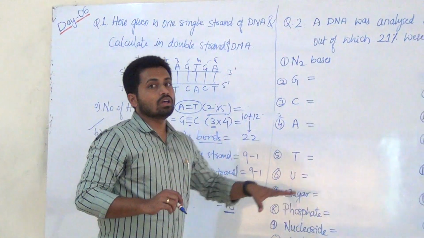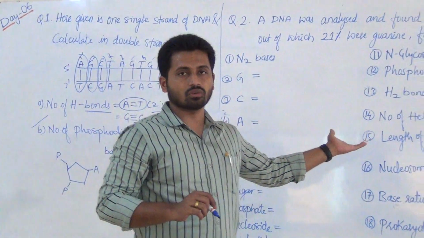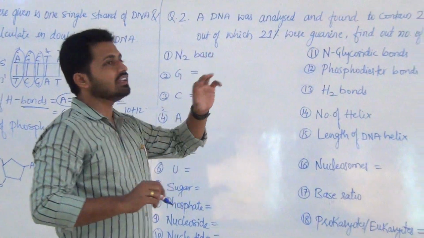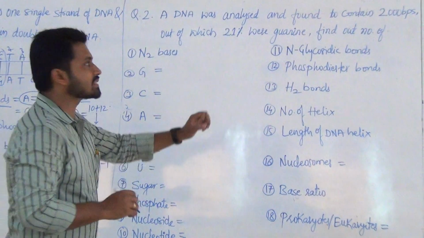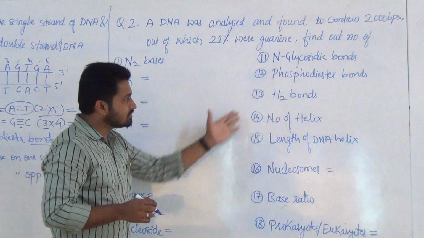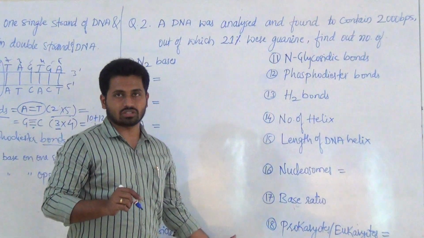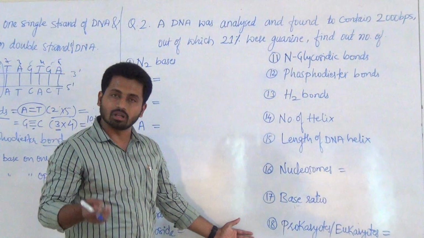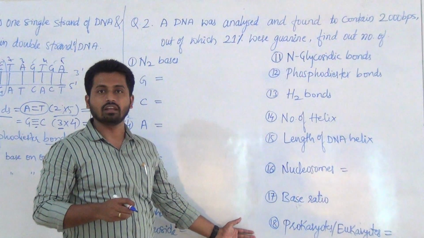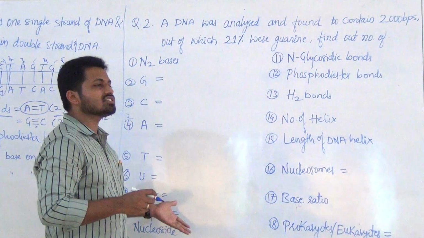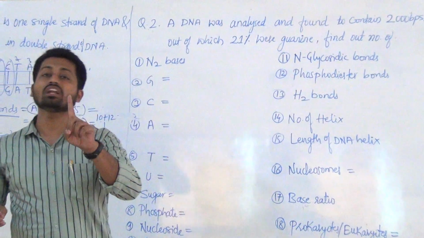Now coming to the next very interesting question. The question is given on a large scale like that. But on a single question we are going to solve 18 questions or 18 calculations or problems regarding the DNA molecule. Out of these 18 questions, they may ask one or two for your one question.